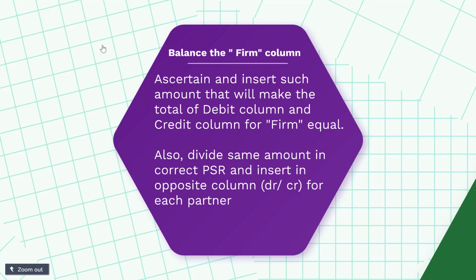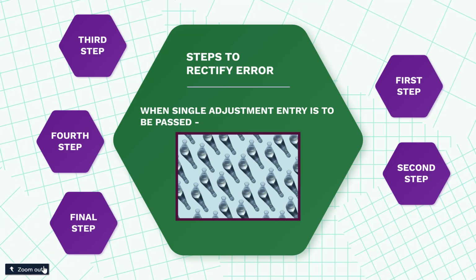That is, this rupees 2000 has to be divided in the correct profit sharing ratio of the partners A and B, and since it's appearing in the debit of the firm, the rupees 2000, after dividing in profit sharing ratio, we need to insert in the credit column of each partner. So this is the third step. Next is the fourth step.